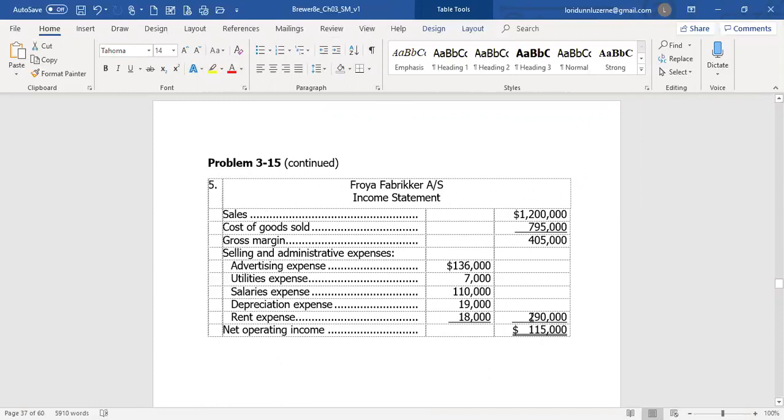The total amount were $290,000, and we get our net operating income. Okay, and that's just showing how much income we made from making our product and selling it, our core business, $115,000.